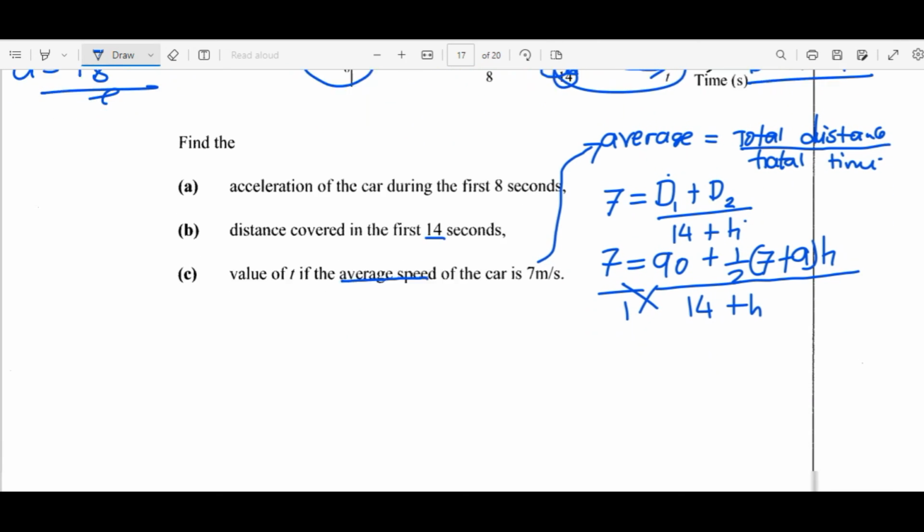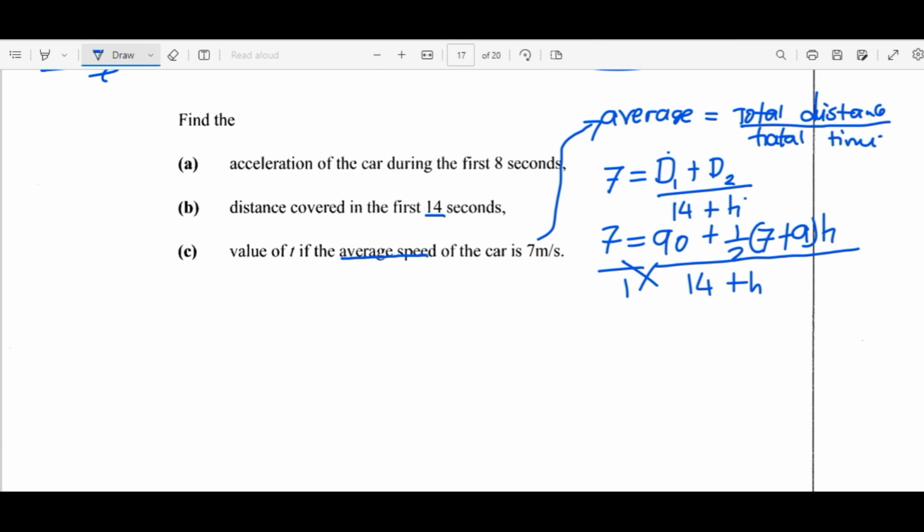So 7 will multiply with 14 plus H, then 1 will multiply with 90 plus half of 7 plus 9, which is 16, times h.